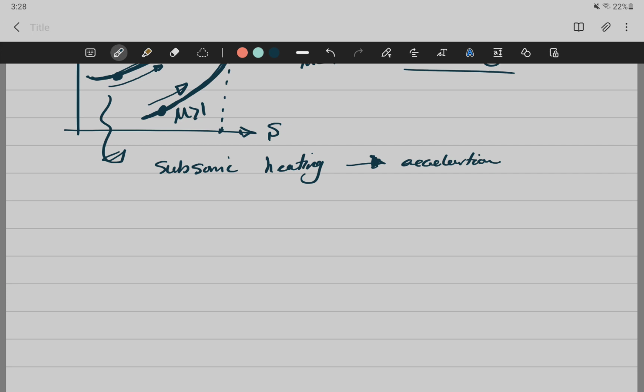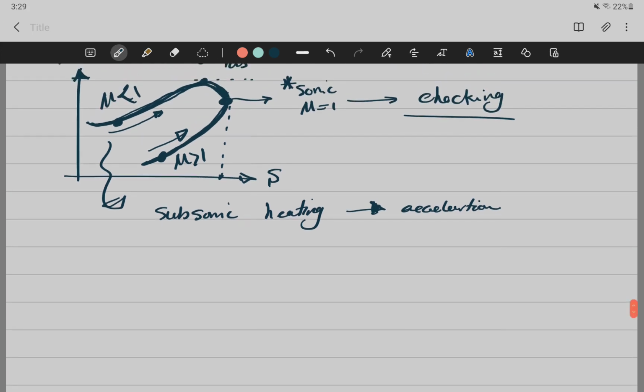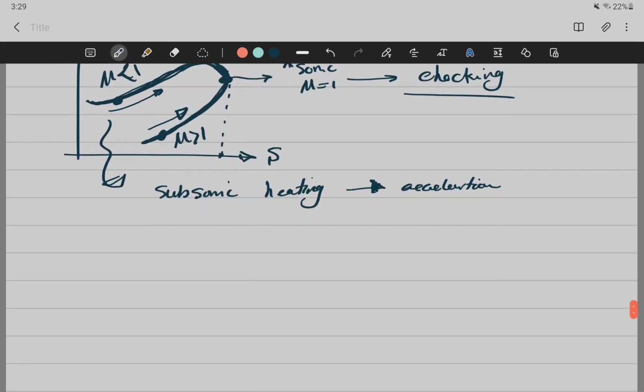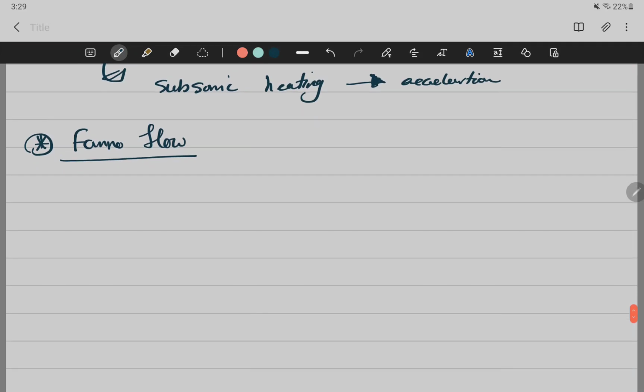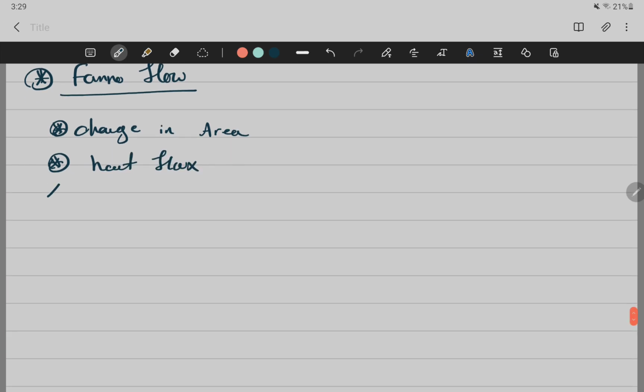Okay. But since we have already talked about the basics of the Rayleigh flow, let's talk about the basics of the Fano flow, and then we'll go into details and solve examples on Wednesday. So far we have seen the effects of change in area and also applying a heat flux or removing heat using a method.